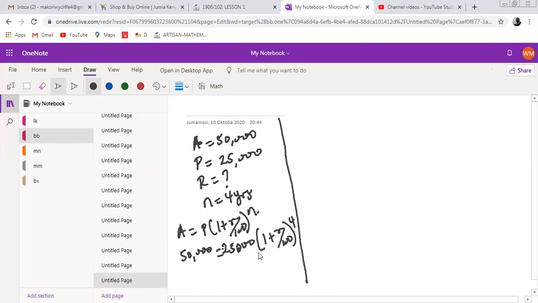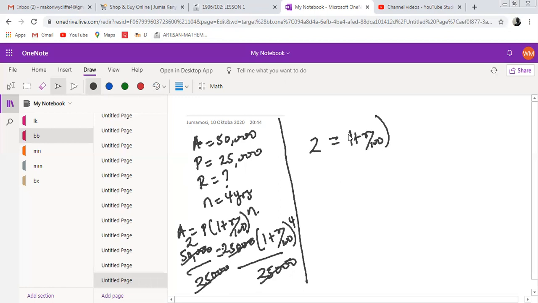So we can simply divide 25,000 on both sides, so that this 25 and this 25 will cancel out. 25 will go into 50,000 twice. So we are going to have 2 is equal to 1 plus r over 100 power 4.